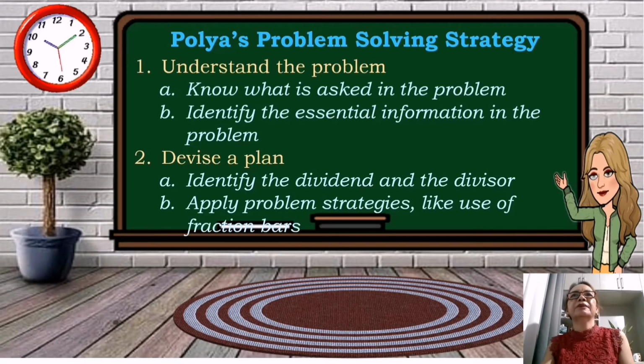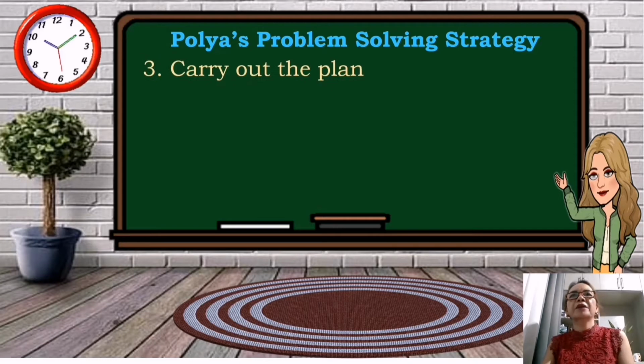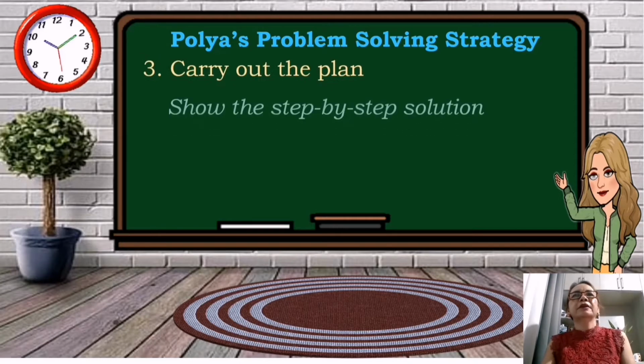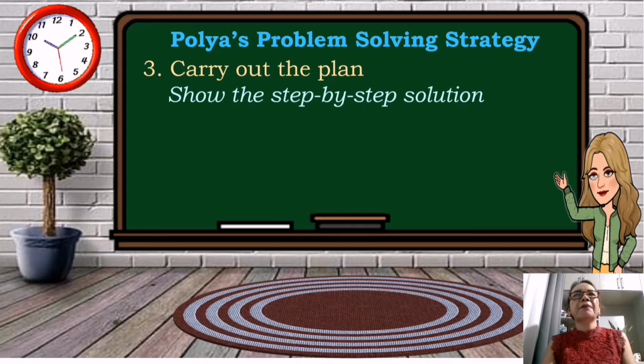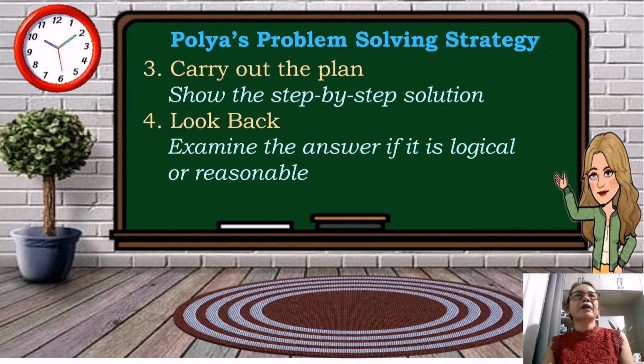Third is carry out the plan. We show the step-by-step solution. The last step is look back. Here you examine the answer to see if it is logical or reasonable.